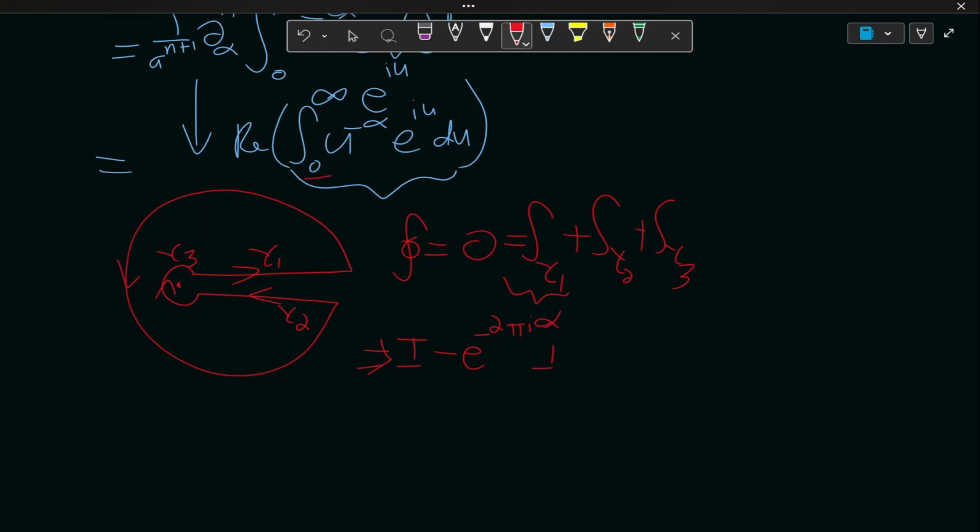And then times I itself, which equals, well, this right here is going to be negative 2 pi i times our residue at 0. But this whole thing equals 0, and there's a minus right there, so just throw it on the other side. So this is 2 pi i times the residue at 0.